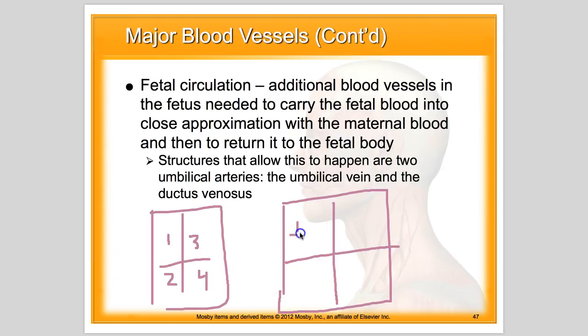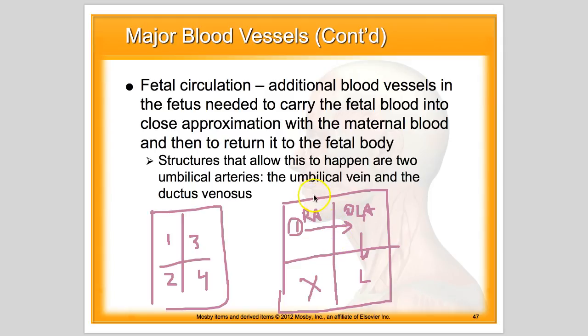So we go from 1 to, we're gonna skip here the right ventricle and go straight from the right atrium to the left atrium, and then down to the left ventricle for circulation.